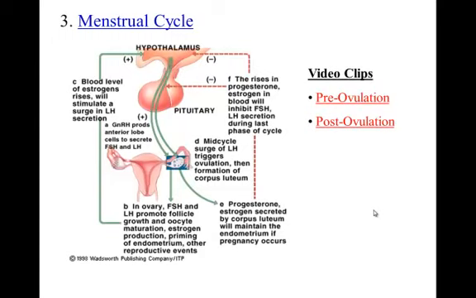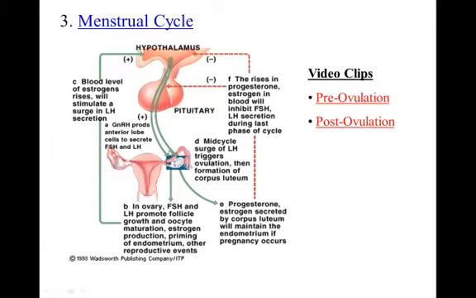This slide does a really nice job of summarizing all of the different steps labeled appropriately A, B, C, D, E, F, showing us that A, from the hypothalamus, gonadotropin releasing hormone GnRH, triggers the pituitary gland to release some hormones, FSH and LH, to send messages to the ovaries, as you can see by the green lines here.